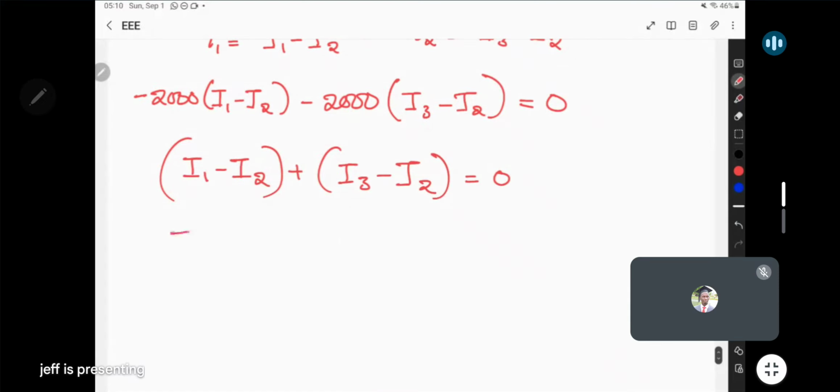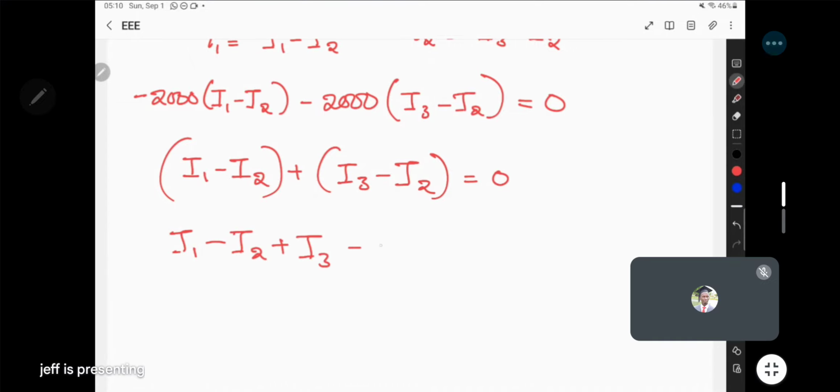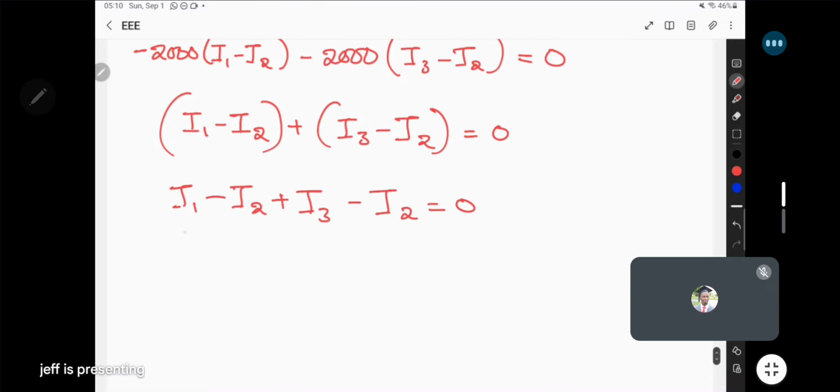So now we have I1 minus I2 plus I3 minus I2 is equal to 0. So here, I2 will add up: I1 minus 2I2 plus I3 is equal to 0.